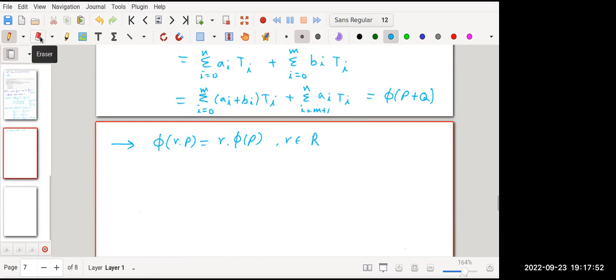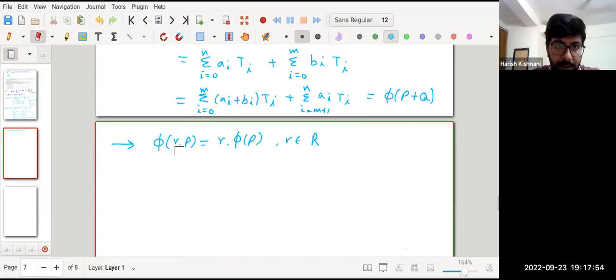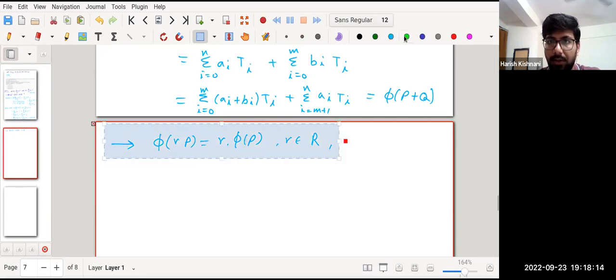If you are confused with this dot, that is okay, because this dot is for module multiplication. So RP is a multiplication inside your R. R is inside R and P is also inside R. Let me just change the color so that it looks different from the previous one.